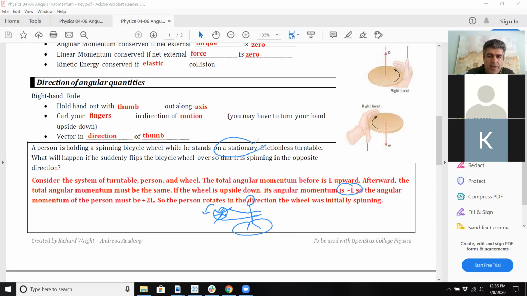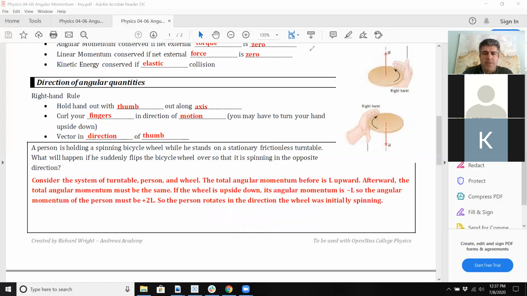Right now it's stationary, but if you take the bicycle wheel and turn it, your body will start turning as well. I wish I actually had one here because I have a rotating chair, but that's what would happen. So it's spinning, and if you turn it, you're going to start moving as well. So that's what we expect to happen.